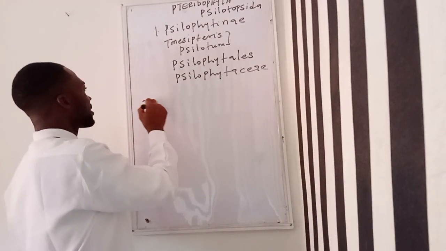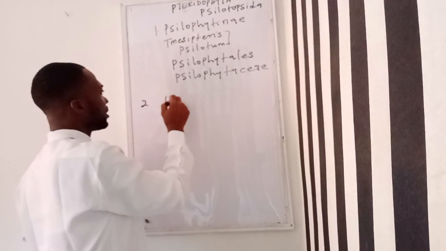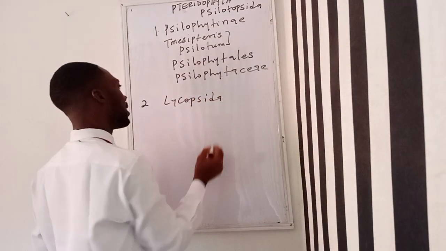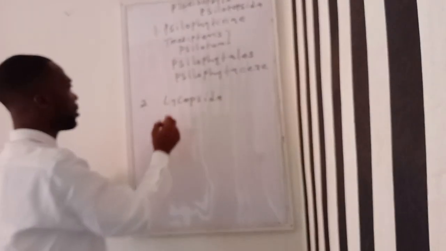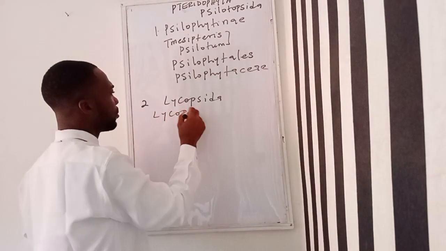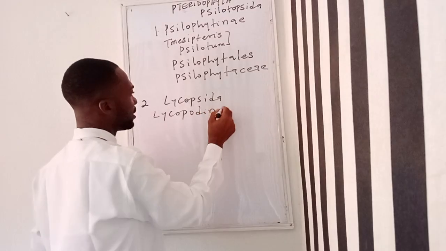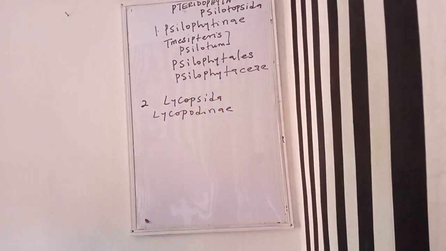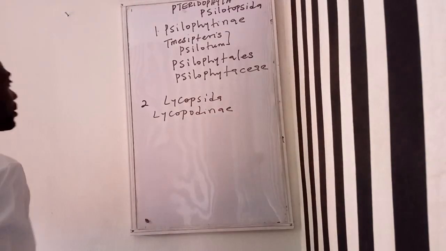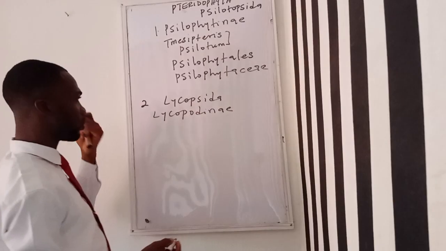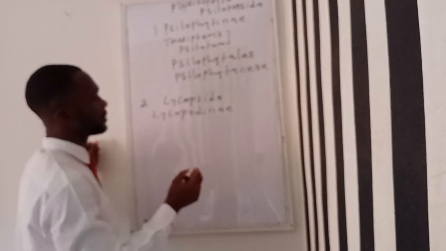Then the second class is called the Lycopsida, or the Lycopodinae. Let me be sure of the spelling. So that's correct. Lycopsida, Lycopodinae.